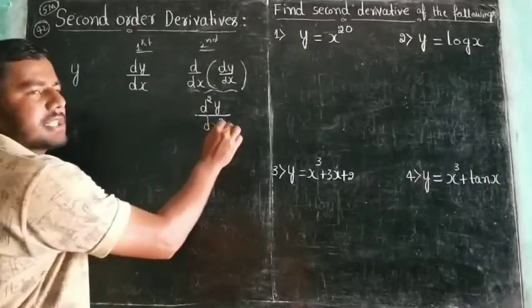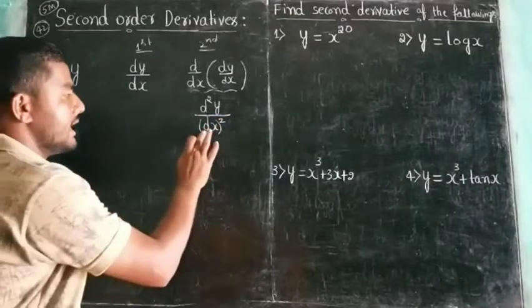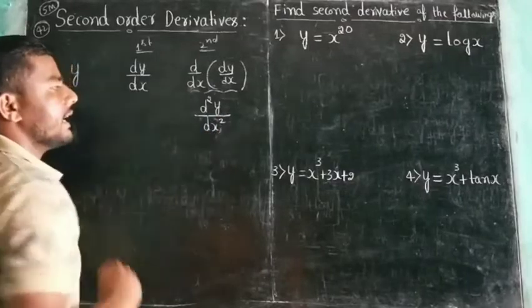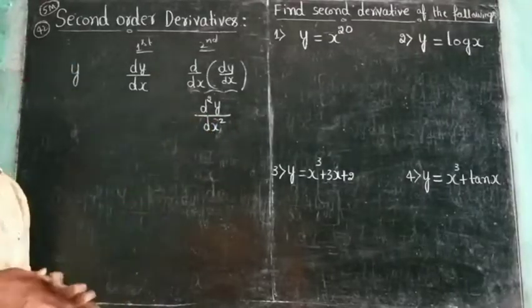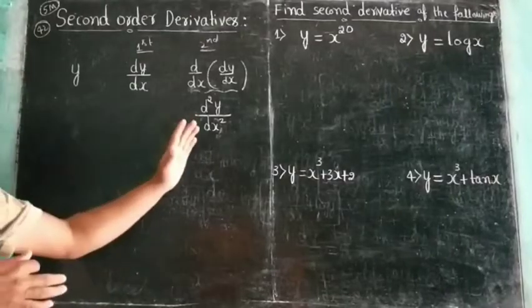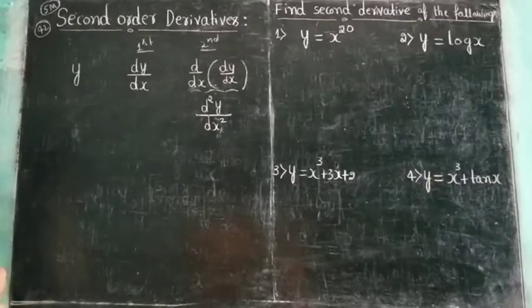This dx square cannot be written like that, it is understood that dx square means d 2 times and x 2 times. This is the notation for the second order derivative.